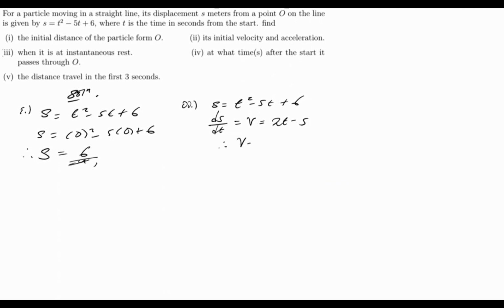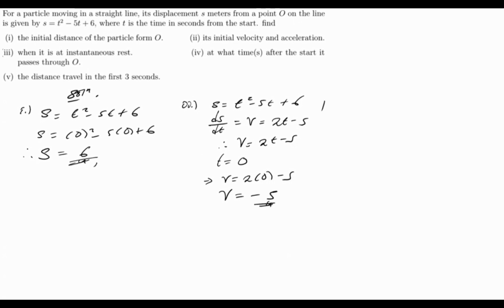Therefore, v is equal to 2t minus 5. Now, at the initial point, time is equal to 0. This implies that v will be 2 times 0 minus 5, and the initial velocity will be minus 5.